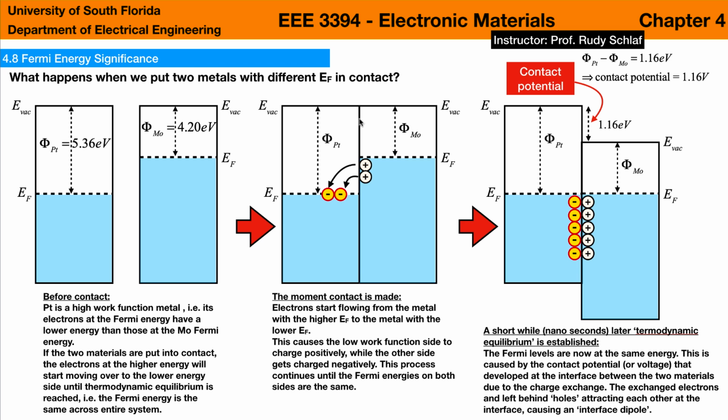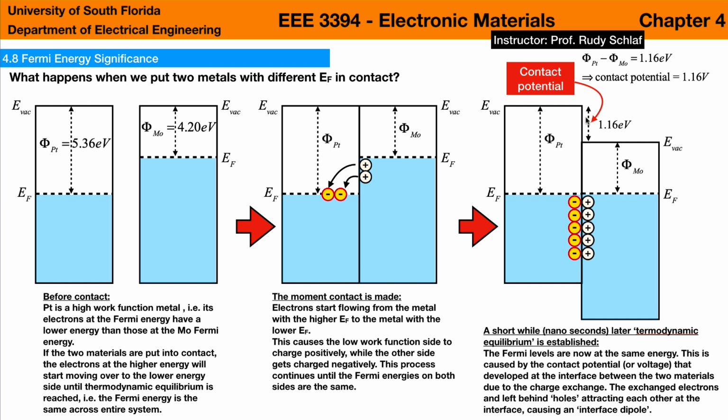The moment we make the contact, these materials are lined up at the vacuum level, but then because of this charge buildup on both sides, we get something akin to a capacitor at the interface. These two charges attract each other, so they will all hang out close to the interface between the materials. And that here is essentially an electrical dipole that gives rise to a contact potential at the interface.